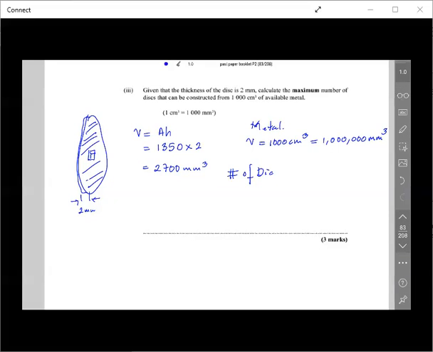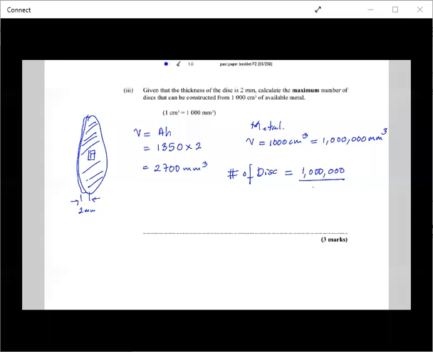Number of discs would be equal to 1 million divided by 2,700. We're going to give our answer to the nearest whole number. And the answer I got is approximately 370 discs.